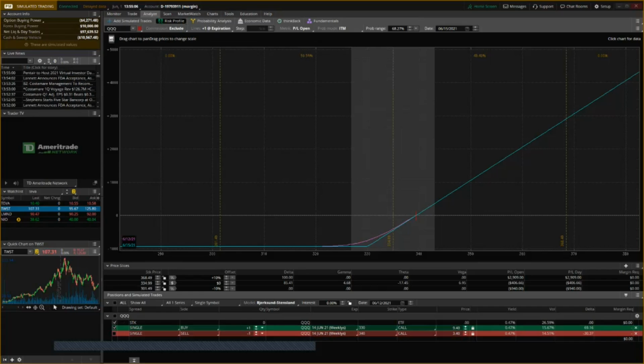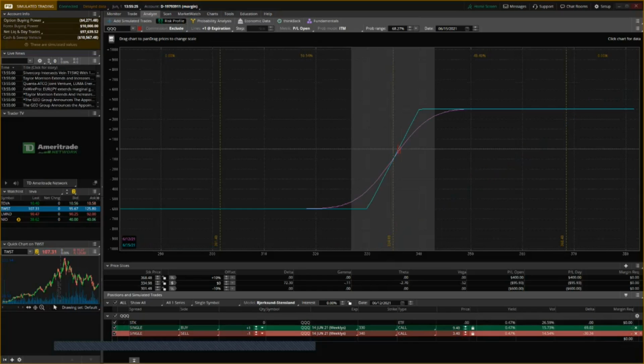That could be severe. But on the other hand, we don't think that the market's going to rise too much above 340. We think it's going to stay here between 335 and 340. So that's why we're going to sell the out of the money call 340, and we're going to receive $340.